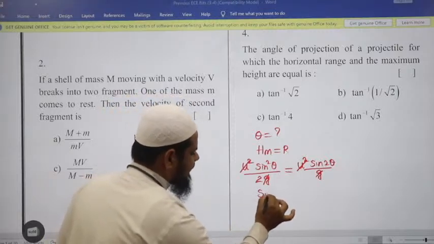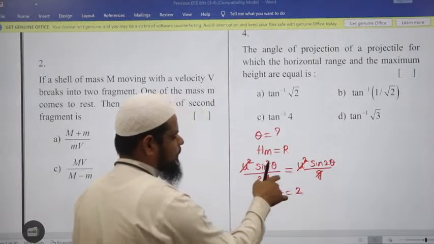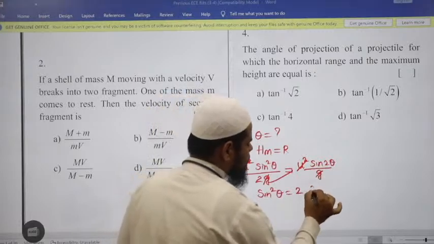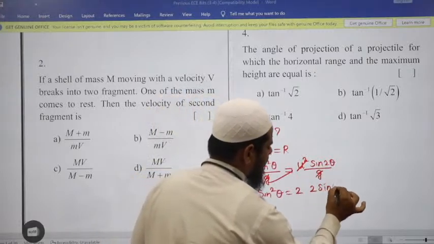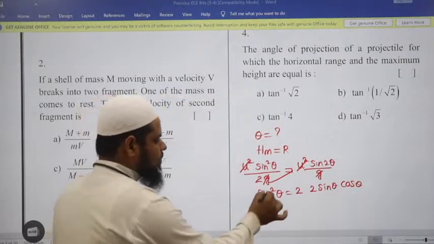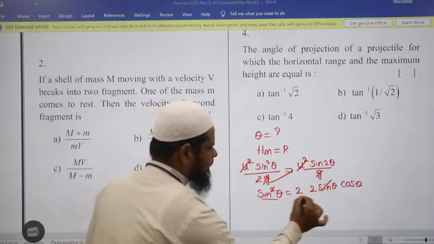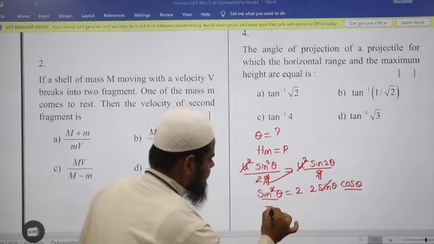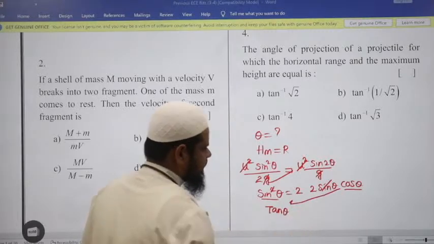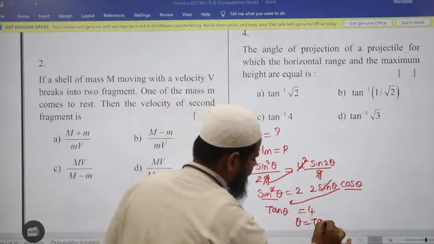Sine square theta is equal to 2 sine 2 theta, that is 2 sine theta and cos theta. One sine cancels here. This sine by cos is nothing but tan theta, taking cos here, which equals 4. Theta is equal to tan inverse of 4.